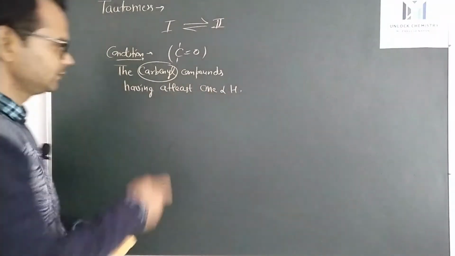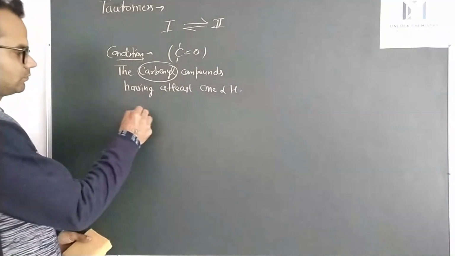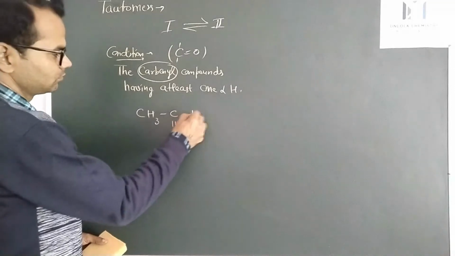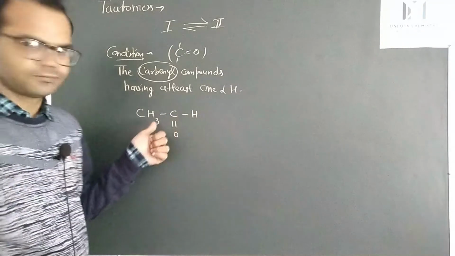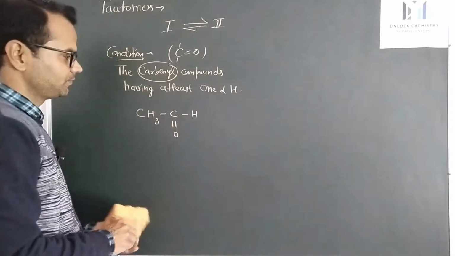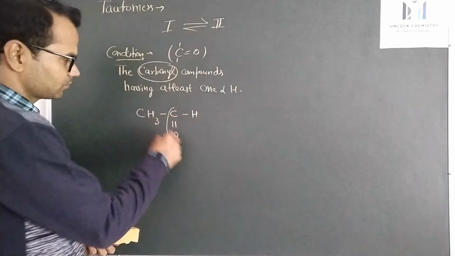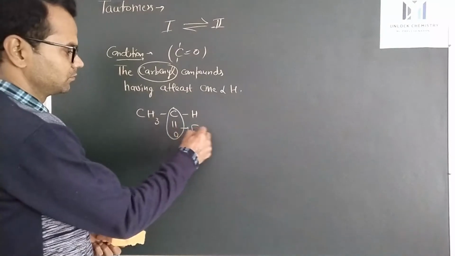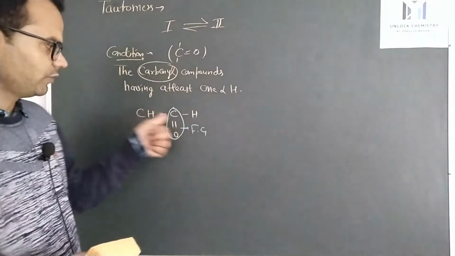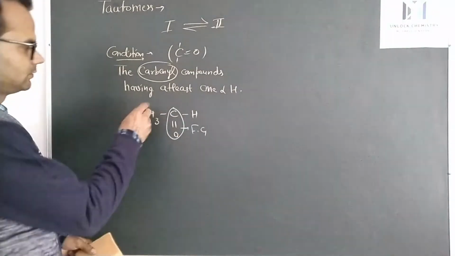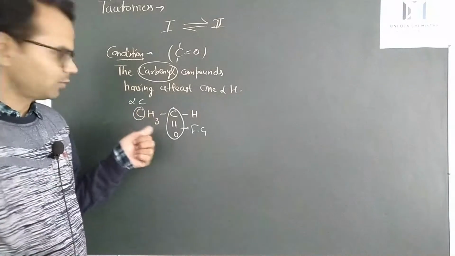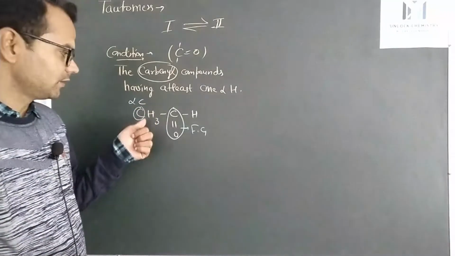For example, we have ethanol or acetaldehyde. Now this is a functional group, and the carbon attached with the functional group, that is called alpha carbon, and the hydrogens present with alpha carbon, they are alpha hydrogen.